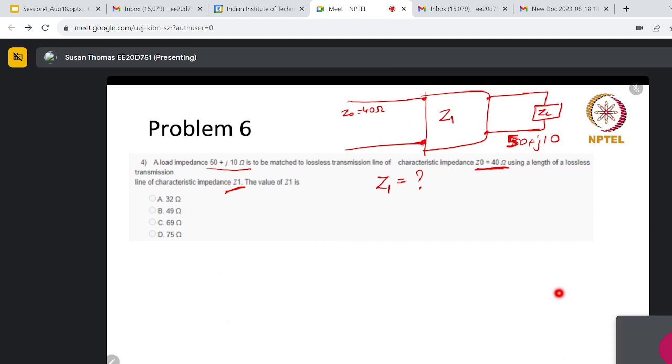So that is the purpose of Z1. You will tend to see that the option is to take the square root of 40 and 50 plus j10. But have you noticed that it is not mentioned that we are to use a quarter wave transformer? So it's not a question of a quarter wave transformer. Then how do we solve it?